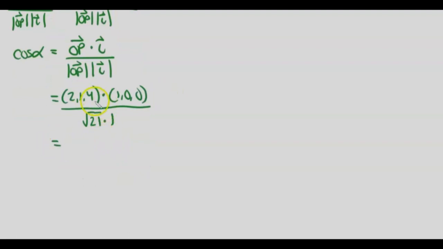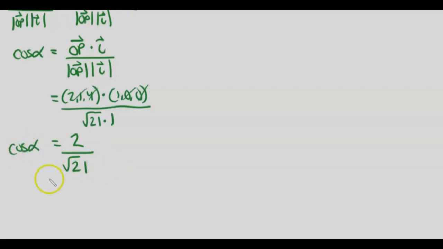So this is a little bit easy because if we have 2 and we multiply it by a 1, we get 2. 1 times 0 is obviously 0. 4 times 0 is 0. So these two we don't even have to consider. We only have to consider the x's multiplied by one another. So I get 2 over root 21.